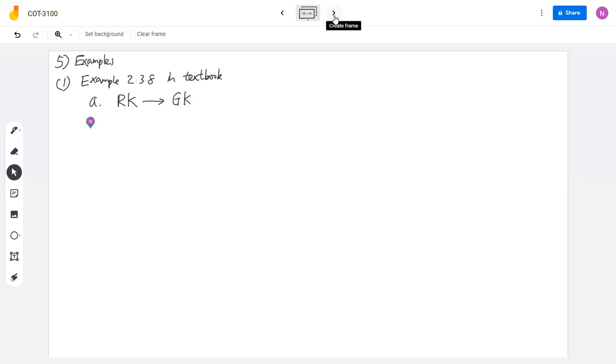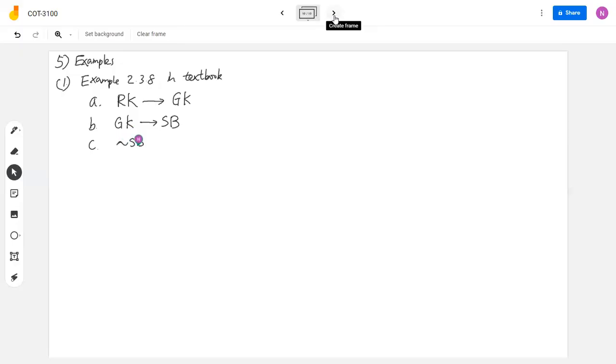And B is: if my glasses are on the kitchen table, then I saw them at breakfast. So the second one is GK implies SB, saw them at breakfast. All these are premises. And C is: I didn't see my glasses at breakfast, so simply not SB.